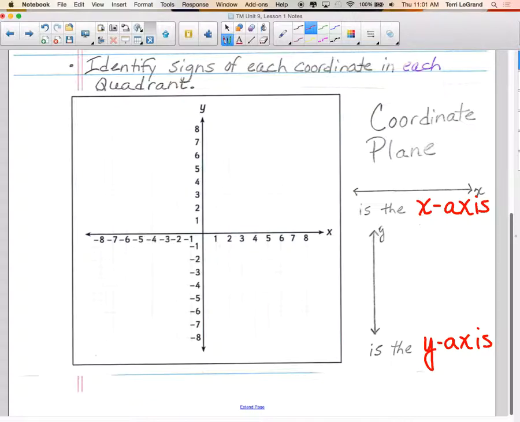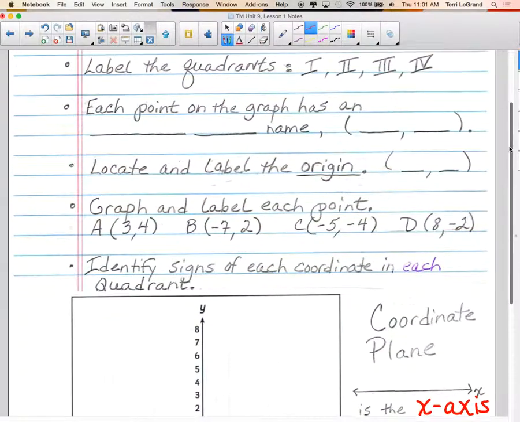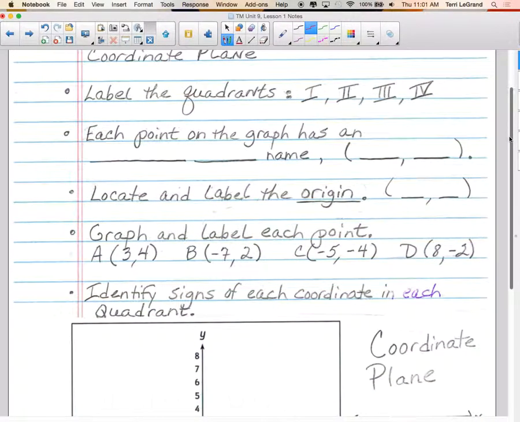And then now we'll go on to doing some of the other stuff it says to do up above. Okay, so first of all, we're supposed to label the quadrants. What does this say? 1, Roman numeral 1, Roman numeral 2, 3, and 4. How many quadrants are there on a coordinate plane?